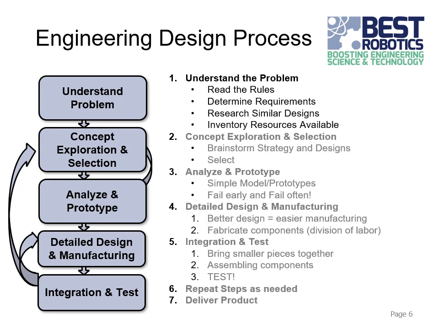So the first step is understanding the problem. This is something that often gets overlooked, but it's a really important step because you need to make sure that you understand what your problem is, what restrictions you have, what requirements you have. And so in your case, with the BEST competition, you want to make sure that you're reading the rules. That's where all of your requirements are.